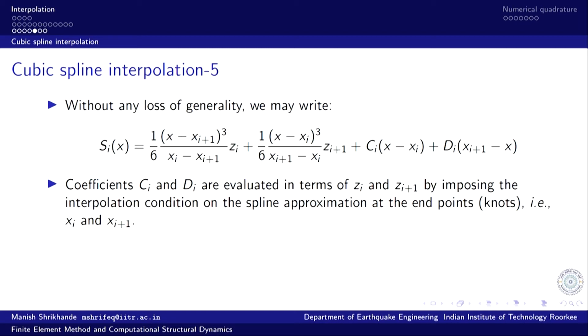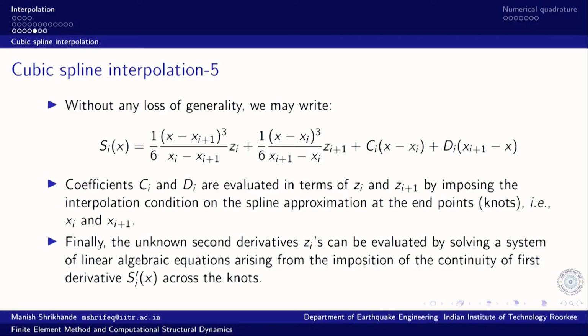So, these c_i and d_i are evaluated in terms of the second derivatives, and then we impose the interpolation condition on this spline approximation at the endpoints of the spline, and that gives us a set of simultaneous equations to solve.